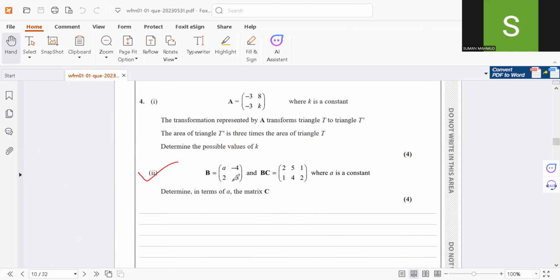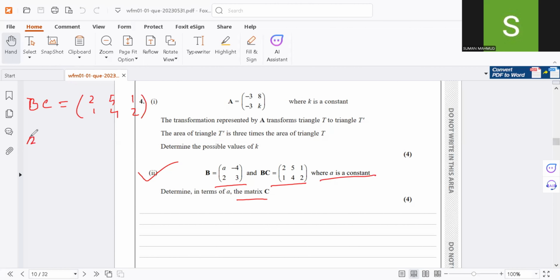Question 5. We have B, a 2 by 2 matrix, and BC is also given. Where a is a constant, determine C in terms of a. So BC is given, so we can write BC equals (2 1; 5 4; 1 2).